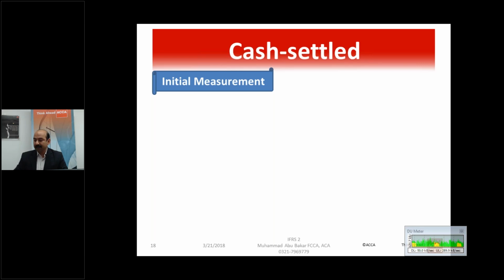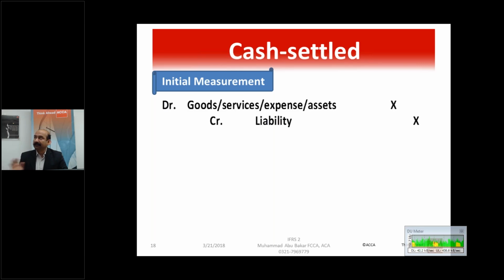So credit will be the liability. If we just recall, the initial entry which we made in equity settled, the first difference is the credit. There we were crediting the equity reserve. Here we are crediting the liability, because this transaction will either be settled in cash or other asset. So this is our liability.